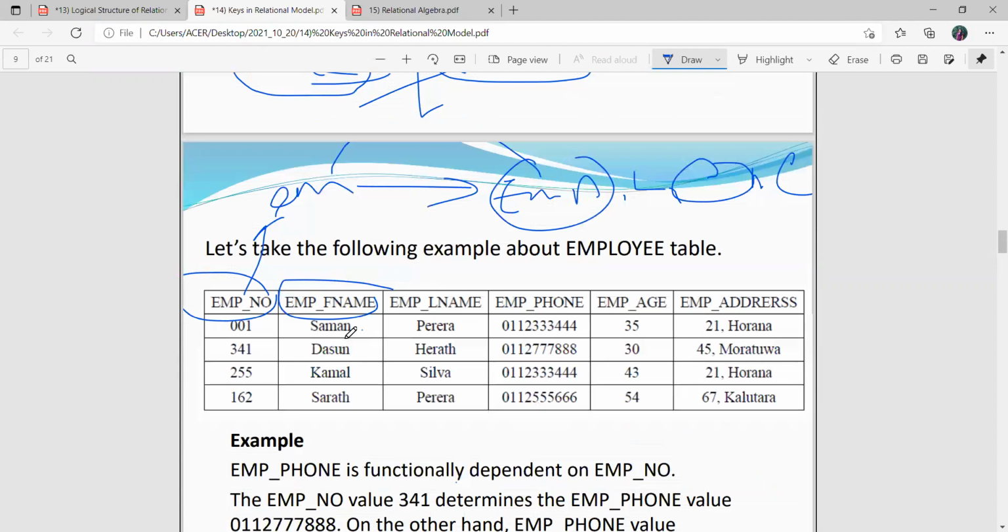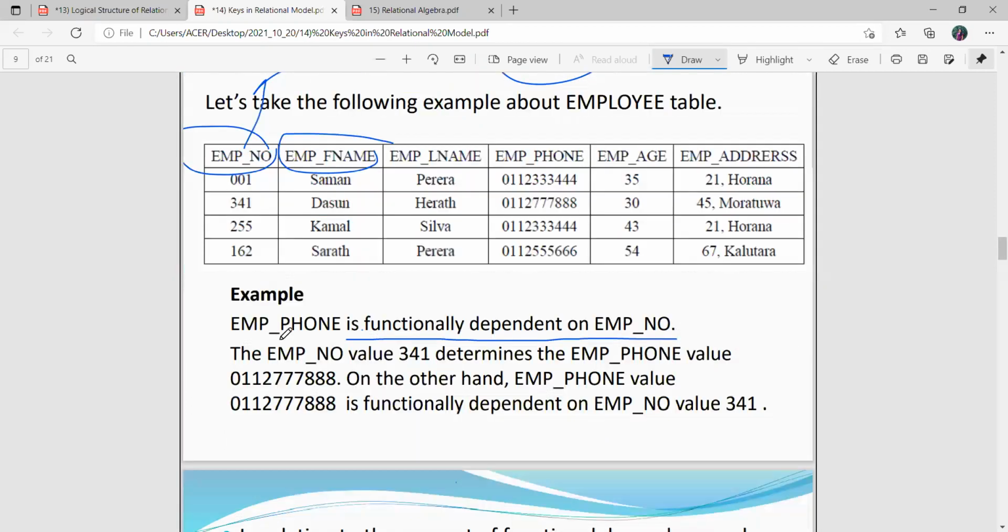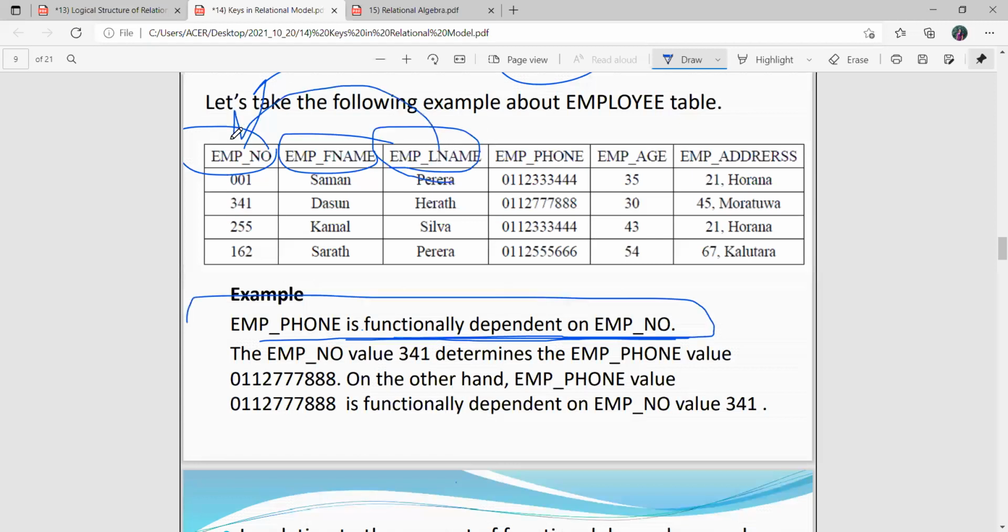Phone number is functionally dependent on employee number. Employee last name is functionally dependent on this employee number. Employee age is functionally dependent on this employee number. Is it clear?